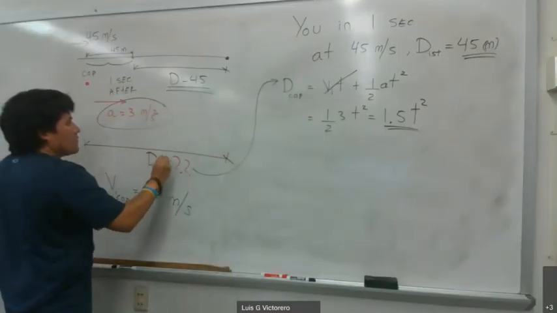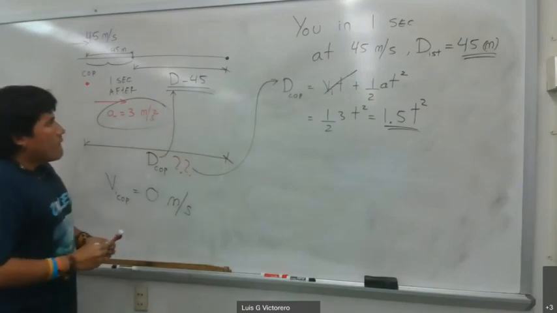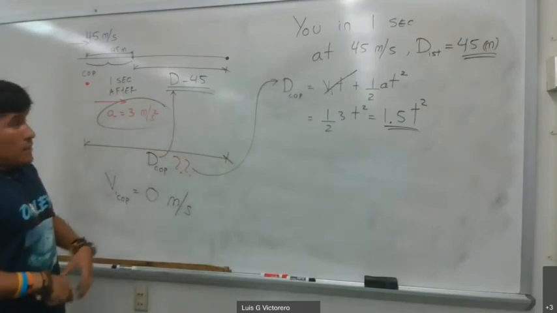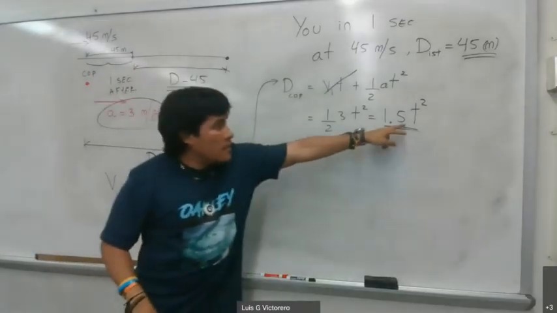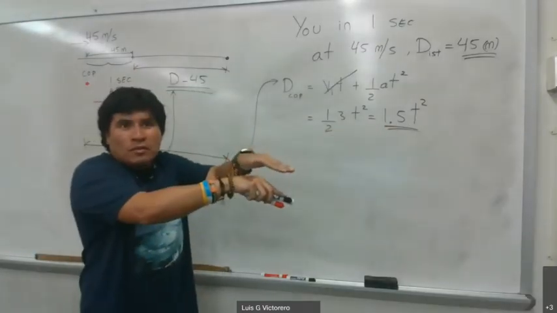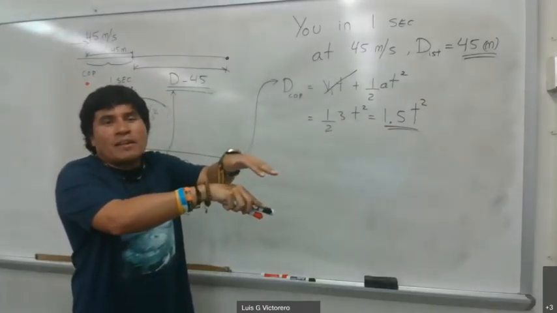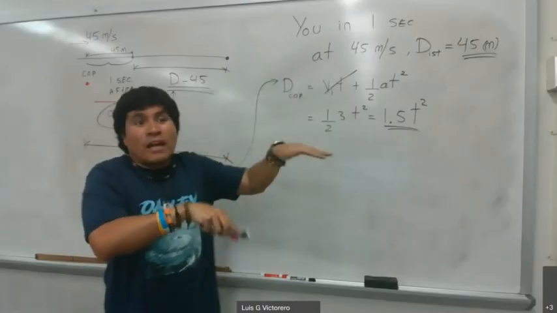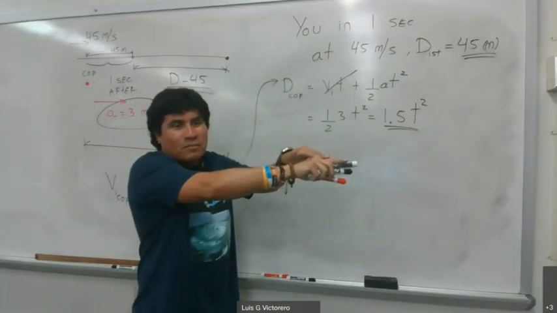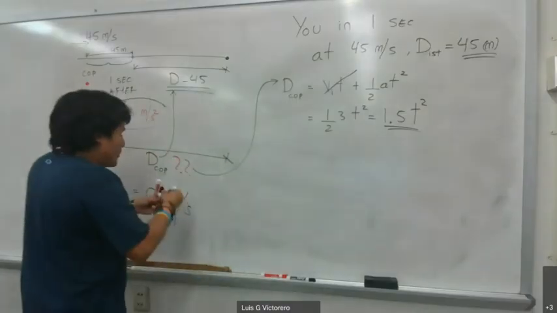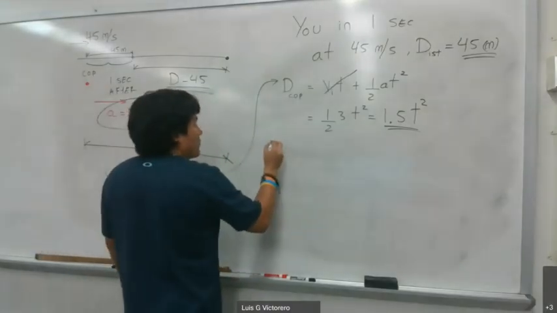But yourself, you were still moving for the same time that the cop takes to catch you. That's the equivalency. The time you keep moving after 1 second is the time the cop takes to overtake you. So D minus 45 for yourself.